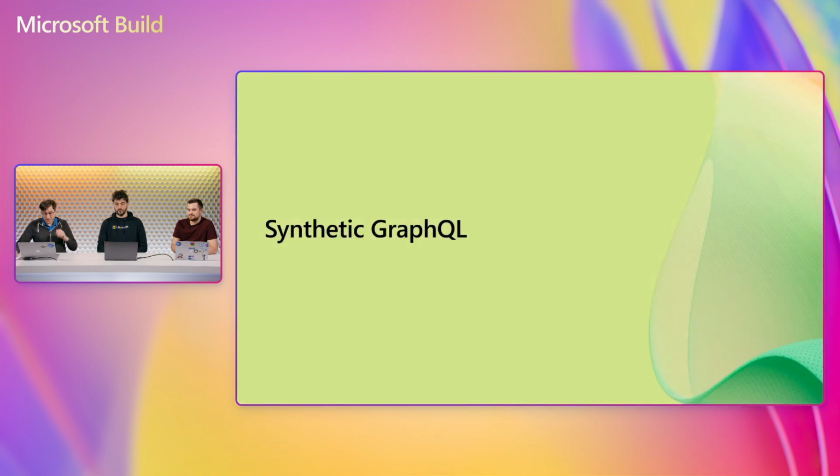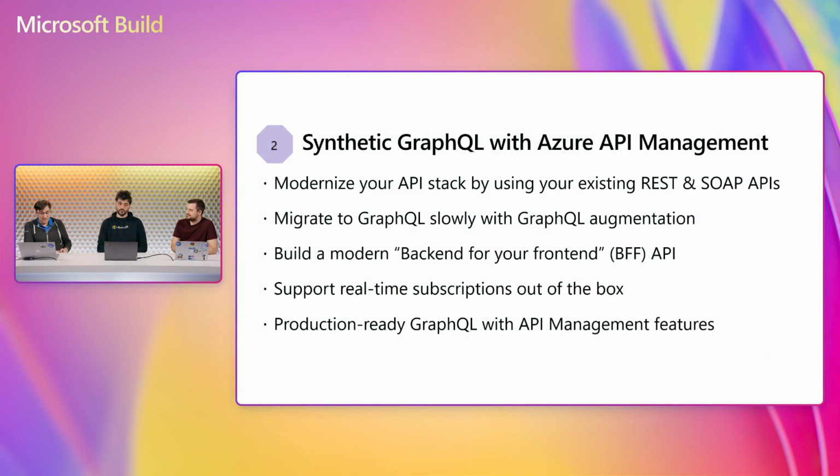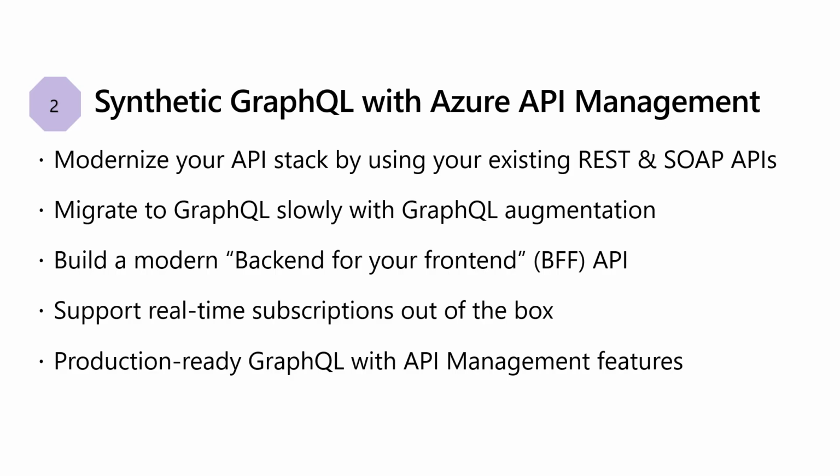So let's talk about the second option, which is synthetic GraphQL. Synthetic GraphQL allows you to compose a GraphQL API from your existing REST, SOAP, and other HTTP APIs. It allows you to migrate to GraphQL slowly whilst keeping your investment in your REST APIs, SOAP APIs available.